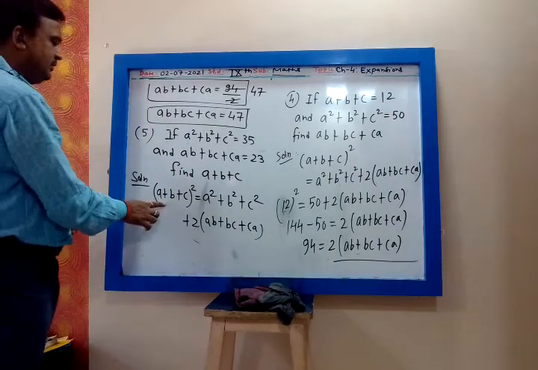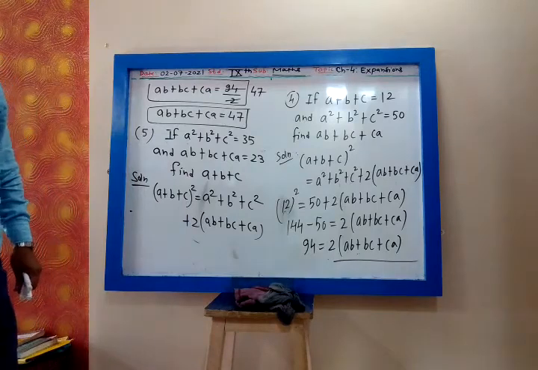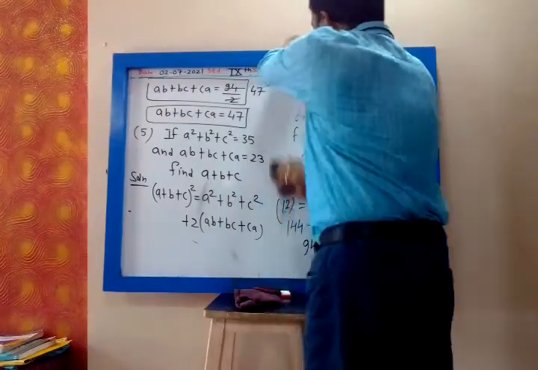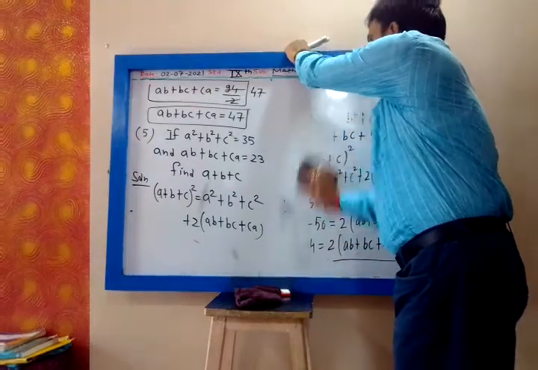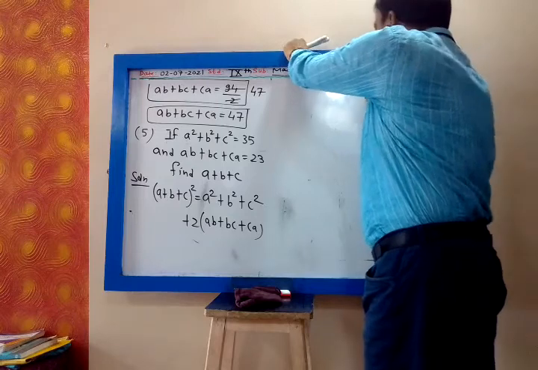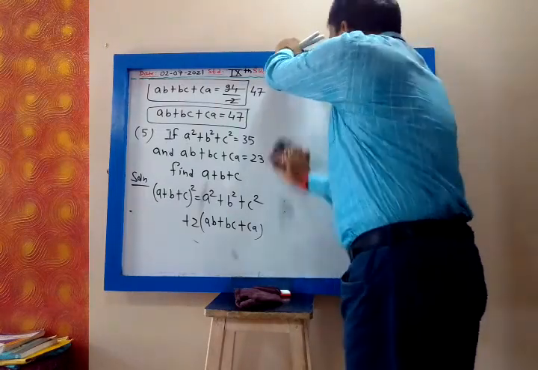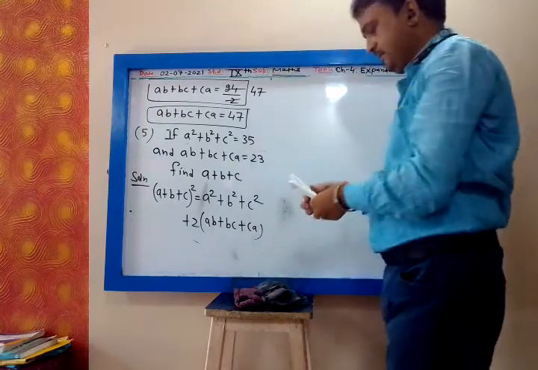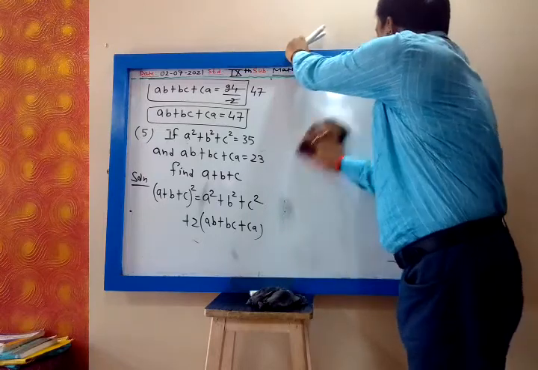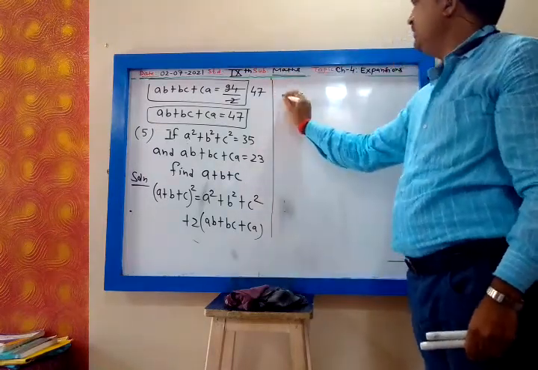We have to find A plus B plus C, so we keep A plus B plus C as it is. So you will get A plus B plus C whole square.